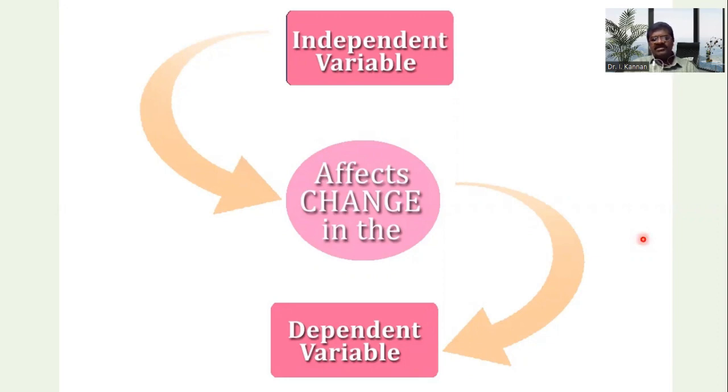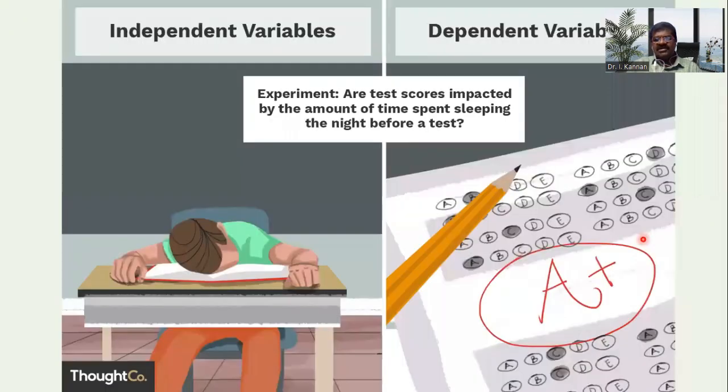This is a simple example. It is a study wherein they want to find out the impact of the time spent sleeping on the test score. So you have two variables: one is the sleeping pattern at night, and the other is the test score. Here the sleeping pattern is the independent variable, which causes an effect on the score.